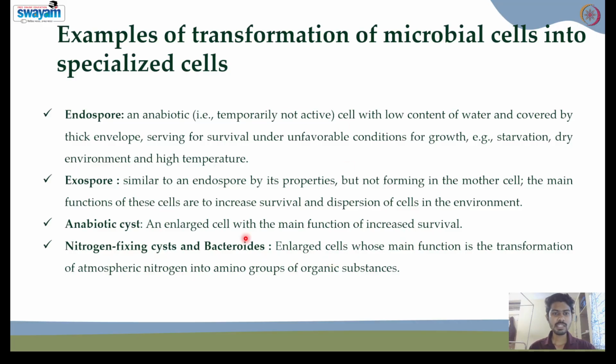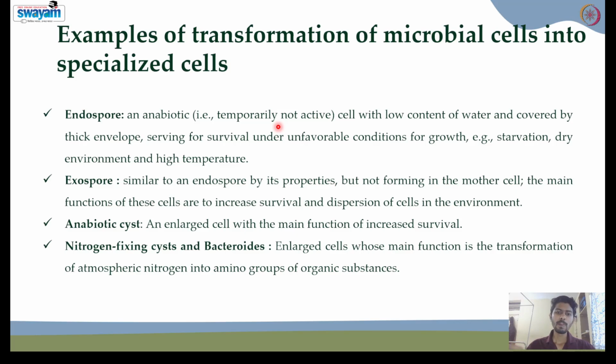So these are some of the transformations of microbial cells into specialized cells. Like us humans, we adapt to different climates, right? During the rainy season, we wear a raincoat or carry an umbrella, and if it is very cold, we carry sweaters.